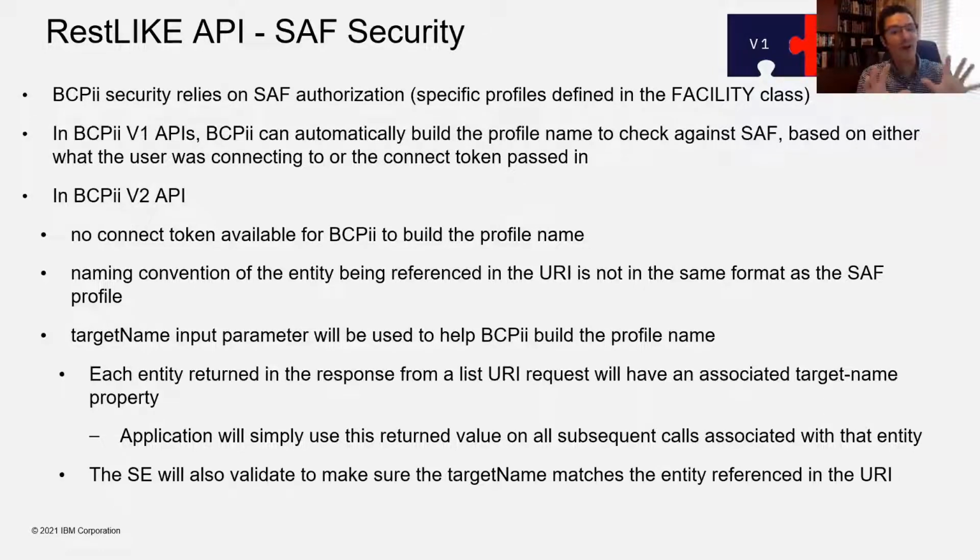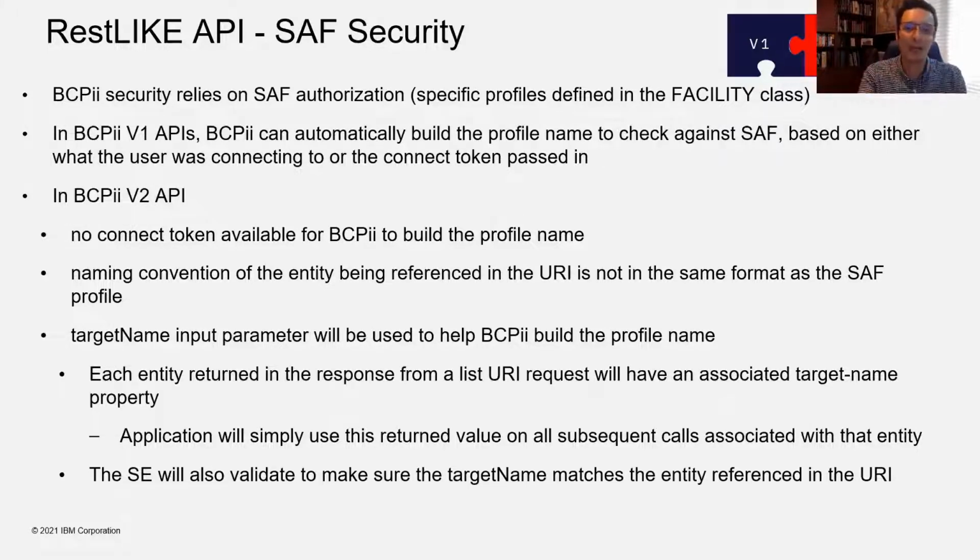So we need to verify that the person that is executing this BCPii program, or the user ID under which it's running, has the authority to actually query that piece of information or to issue that command, etc. So in version 1, we were able to derive that from the connect token. So we had this idea of connecting to a particular resource like the CPC name, a CPC, and then being able to query against that CPC using that connect token.